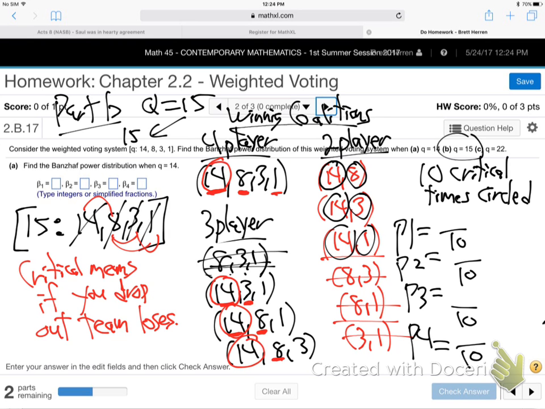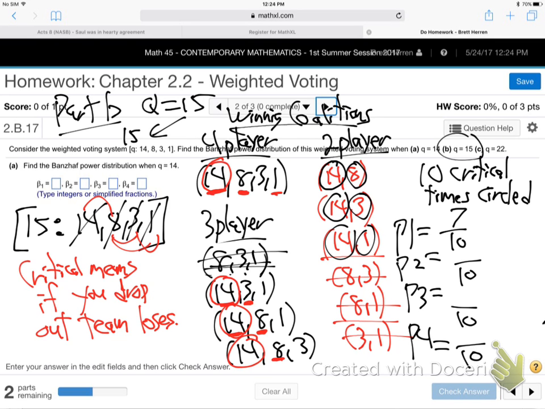Is that making sense? How many times did player 1, the 14, exercise power? 1, 2, 3, 4, 5, 6, 7. Yeah, 7. Tally marks are a good way to keep track too. So player 1, 7 of the 10 times when power was exercised, it was player 1.